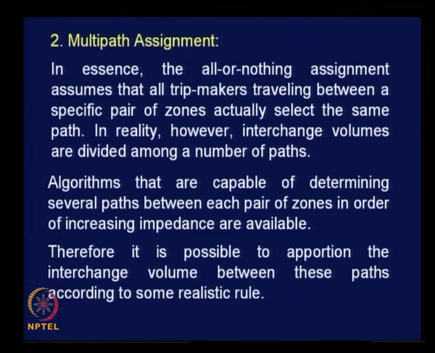Can anyone think of some rule to apportion traffic among alternative paths with different travel times? 10 minutes, 11 minutes, 12 minutes, like that. Let us say 3 alternatives. How to apportion the traffic? But one reality is that 12 minutes path will have relatively lesser traffic compared to the 10 minutes path, isn't it, because a 10 minutes path is shorter compared to 12 minutes path.